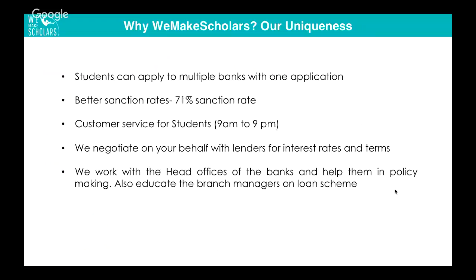And for Australia, there was pre-disbursement required before the visa, otherwise the visa wouldn't be granted. Even that we proposed to the head office. So we keep policy making. If your university requires anything specific which nobody in the market knows, you can apply via VMake Scholars and we'll get that term sorted for you.